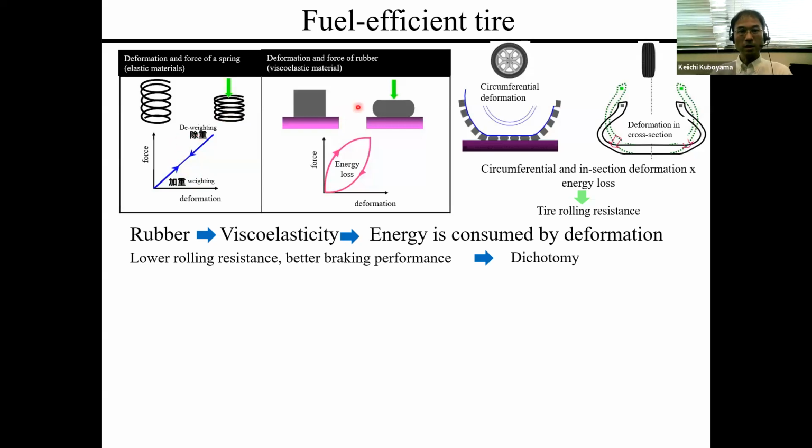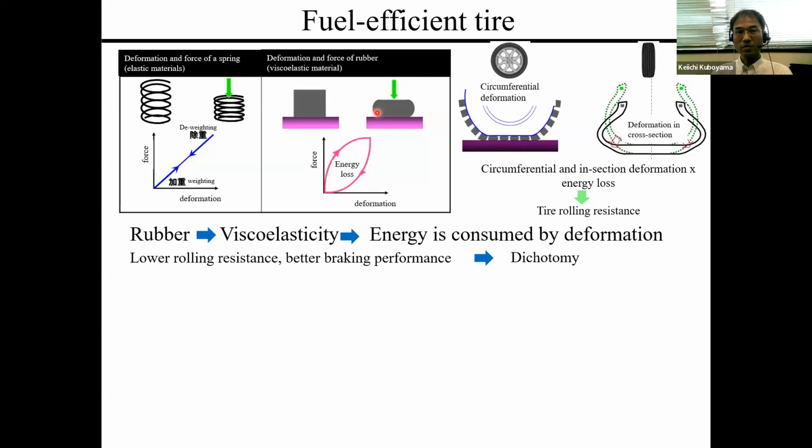But when you use rubbery materials, that is not elastic, but a viscoelastic material. In this case, when you apply the force, deformation occurs, but some part of the sample shows viscous behavior.